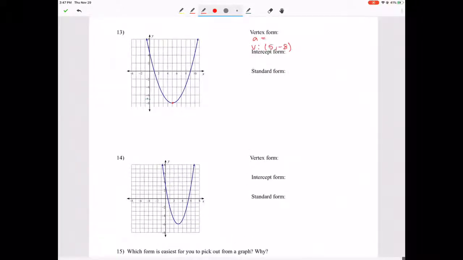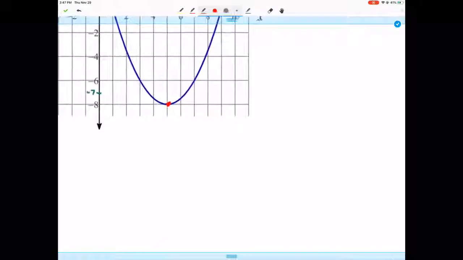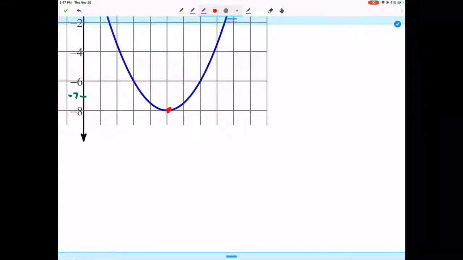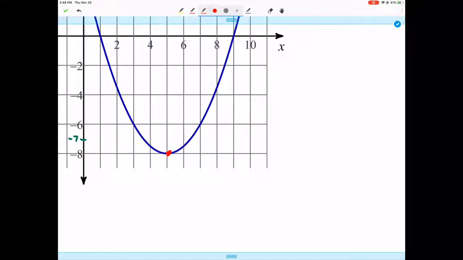Okay, so we want to look at this and find out what our growth is. If you go over 1, these are going 1, 2, 3, 4, 5, 6, 7, whereas over here there's not a tick for negative 3, negative 1, negative 5, and negative 7.